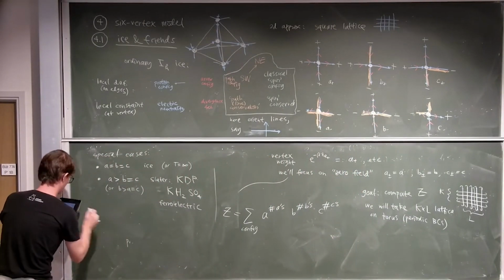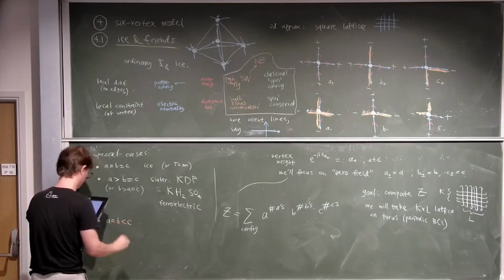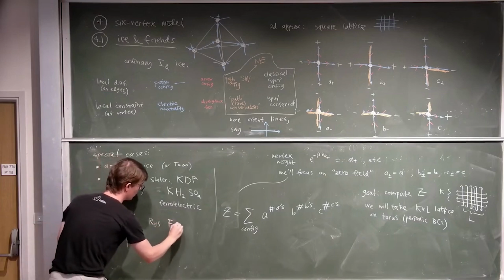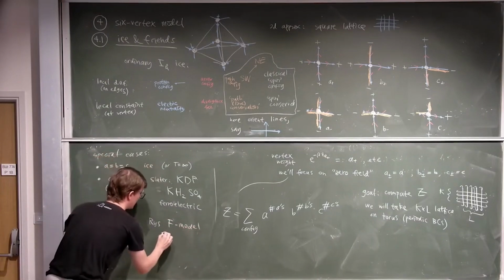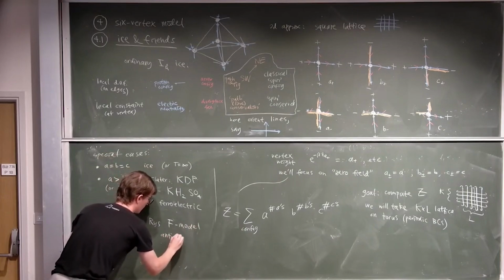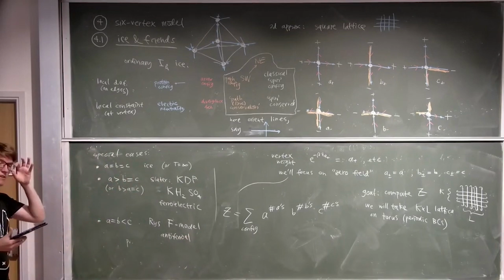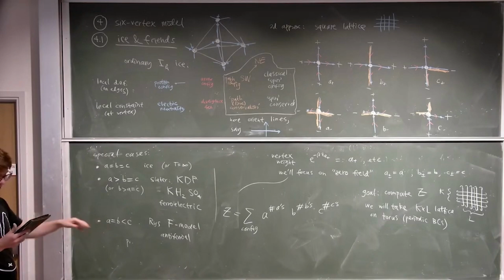Whereas the other case is where A is equal to B, it's smaller than C. And this is what's studied by Rees, and it's called the F model. I don't know why it's called the F model. And this is an anti-ferroelectric. So if you have a material consisting of little classical dipoles, and the dipoles tend to be kind of staggered, right?